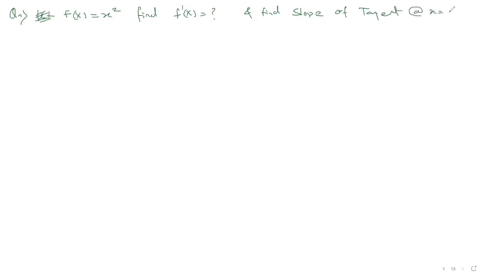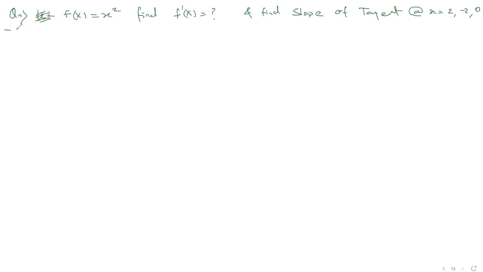Now, let me take a question to make you understand this whole concept better. Let f of x be equal to x square. Find f prime of x, that means find the derivative of the function, and find the slope of the tangent at x equal to 2, -2, and 0.